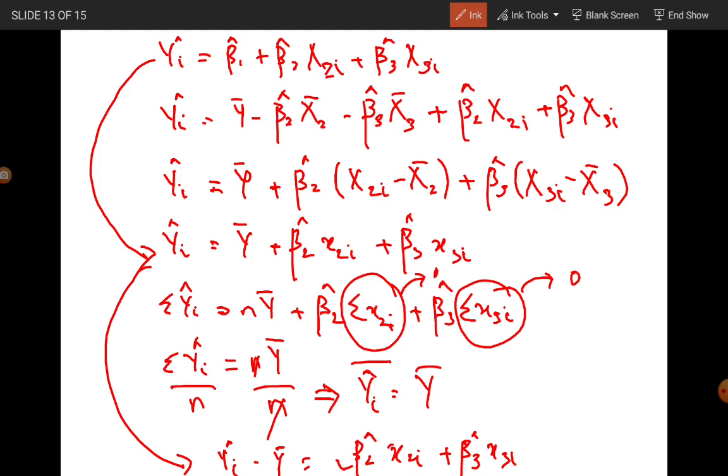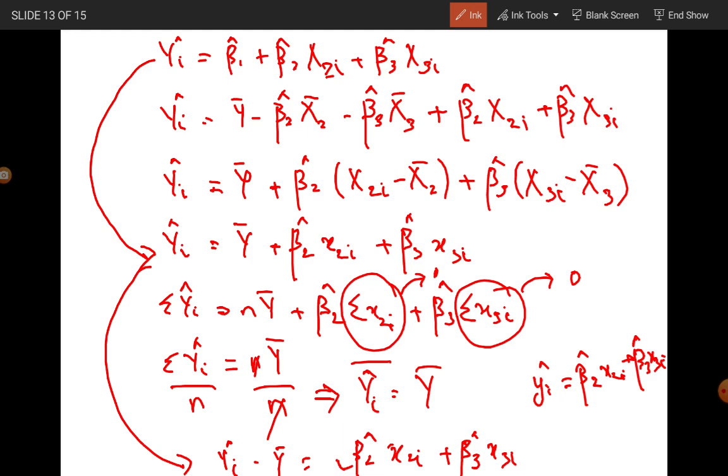So yi hat minus y bar, I can write as small yi hat, where the small letter yi represents deviation from mean, is equal to beta 2 hat x2i plus beta 3 hat x3i.